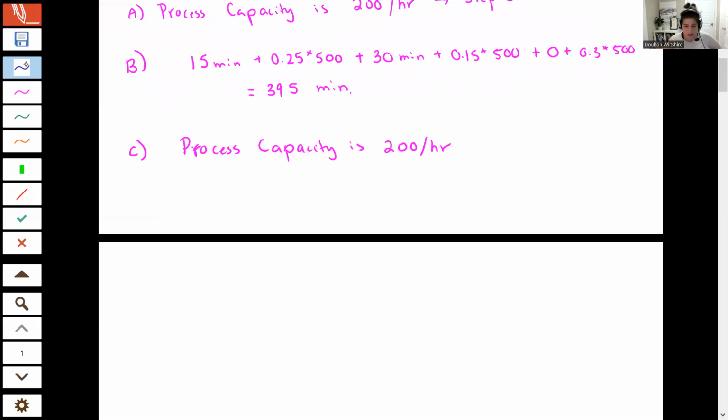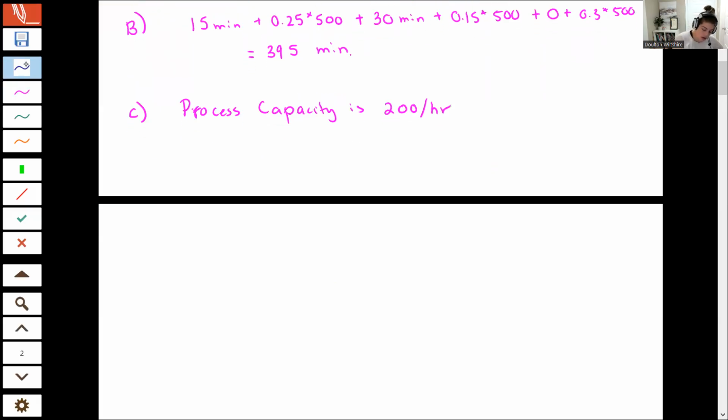An output, a capacity, however you want to describe it, of 200 per hour, okay? So our goal here is to find the batch size for each that generates 200 units per hour, okay?